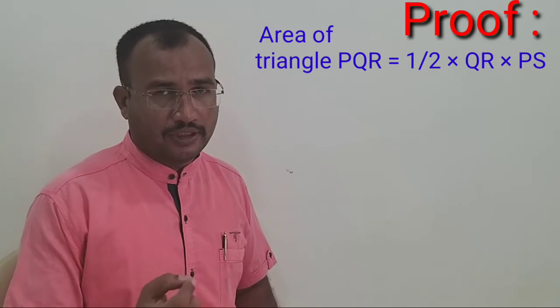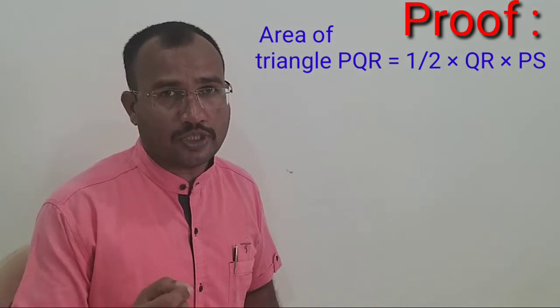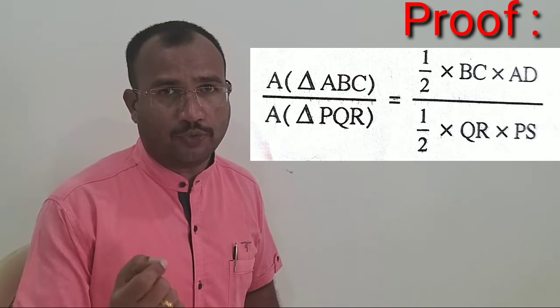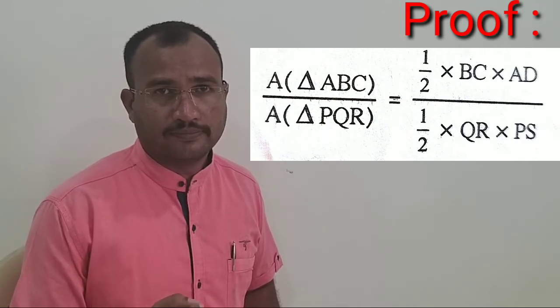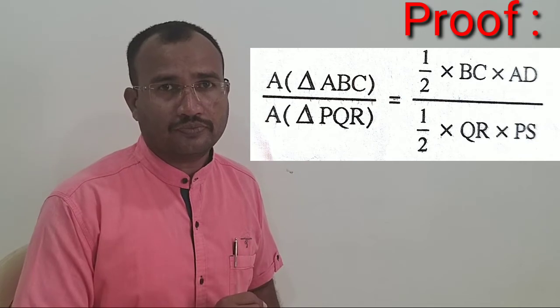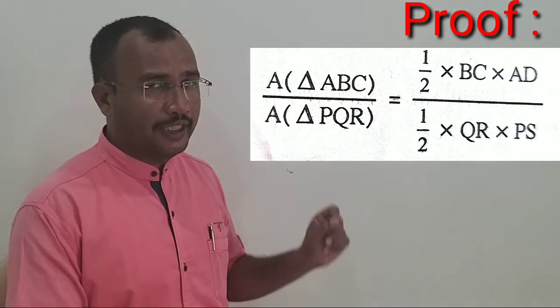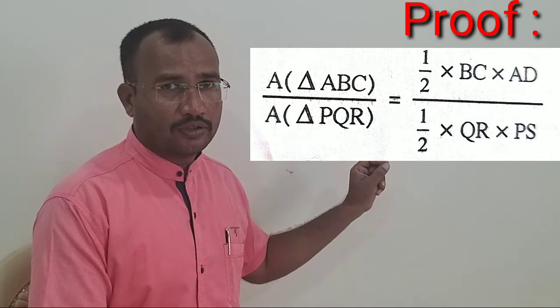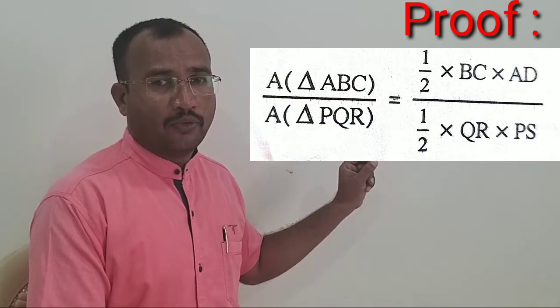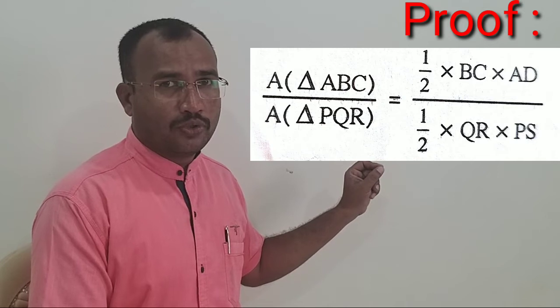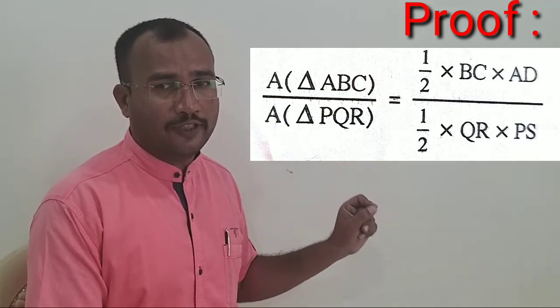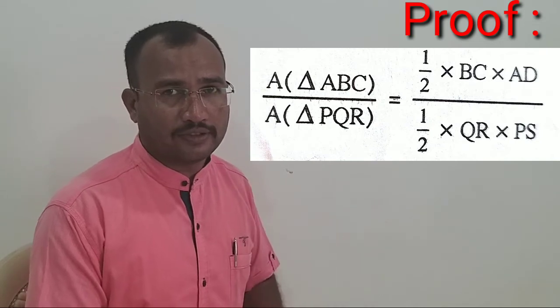Then we write the ratio of these two triangles. Area of triangle ABC divided by area of triangle PQR equal to 1/2 into BC into AD divided by 1/2 into QR into PS.